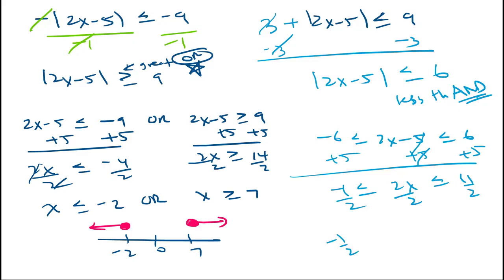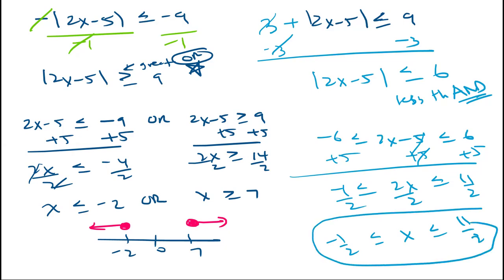So we get -1/2 less than or equal to x less than or equal to 11/2. And that will be our answer there. If we were to graph that, I would have -1/2, put a 0 in the middle, and 11/2. It's going to be a closed circle, because it's less than or equal to, closed circle, and all the numbers in between. All right?